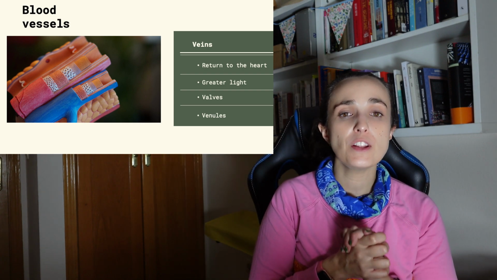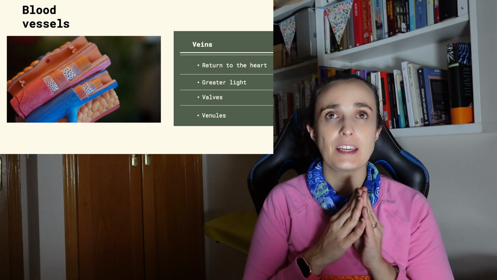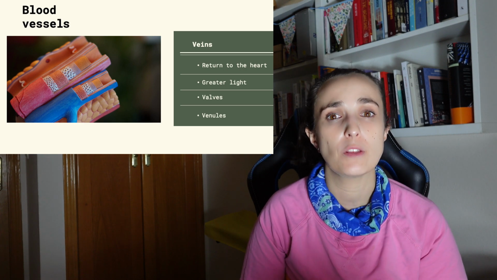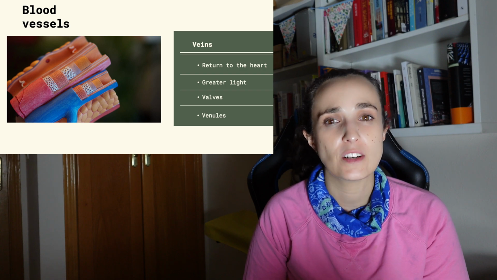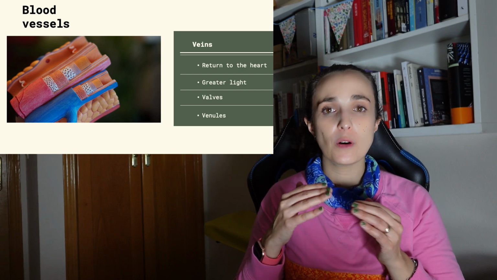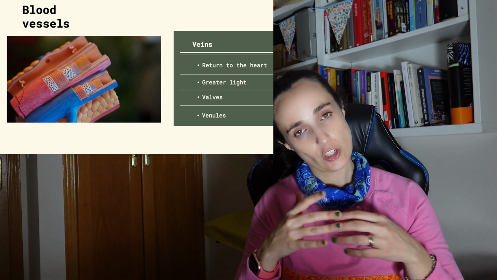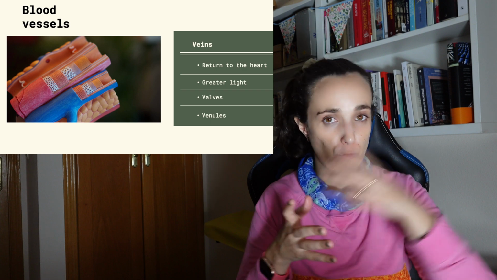And the main feature of the veins is not the muscle wall. In this case, it's not really important. We don't have high pressure blood anymore. What is important right now is to avoid the blood losing its way, going in the wrong direction, because the blood doesn't have the strength anymore to flow.